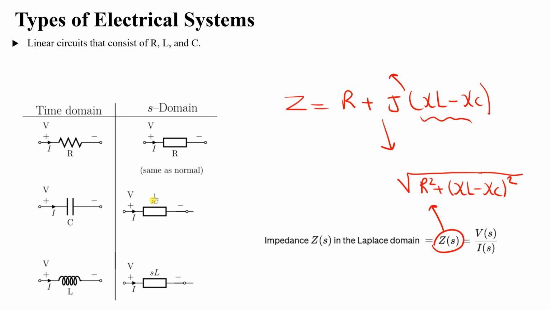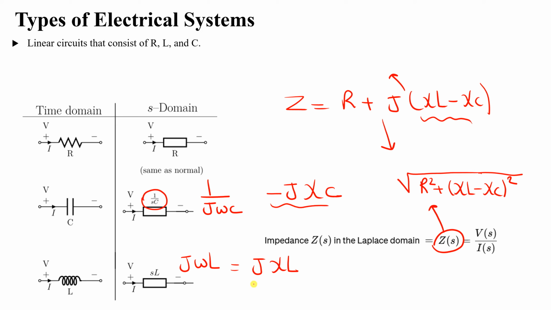Remember that we have here the capacitance 1 over J omega C, and this one is J omega L. So omega L itself gives J XL, and 1 over omega C is XC, and 1 divided by the imaginary number J will be negative J. That's why when we combine these imaginary parts, it will be XL minus XC, as you can see here.